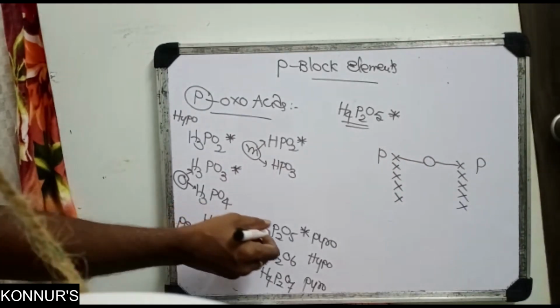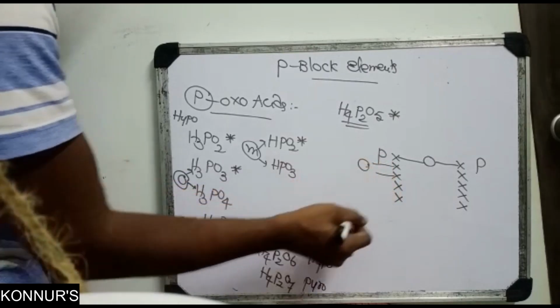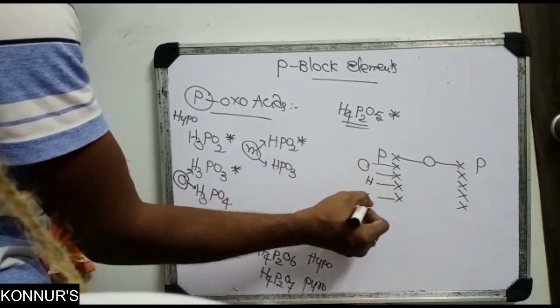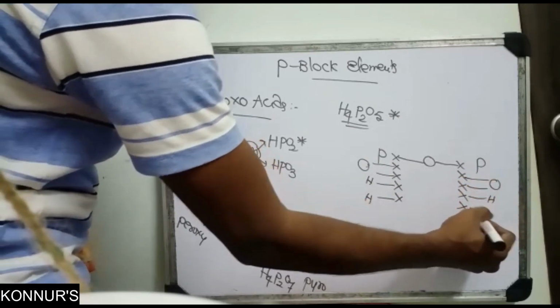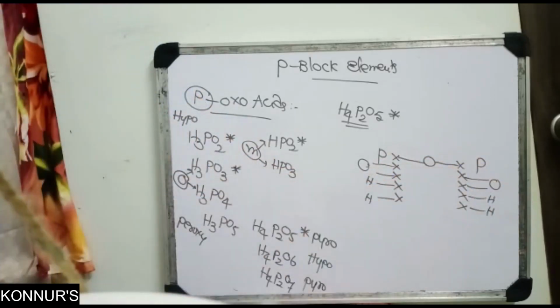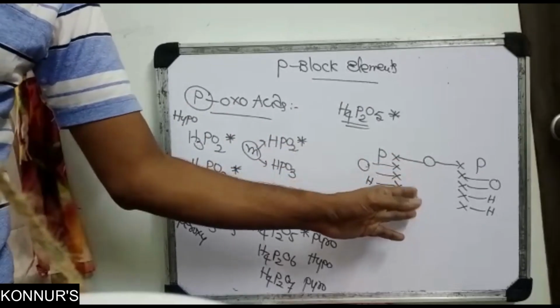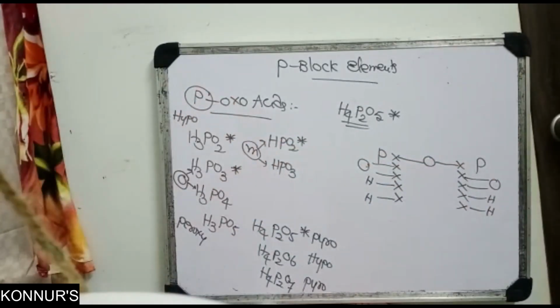Next it is ous acid. Ous acid means minimum one hydrogen directly connected to center. H4P2O5. So here it is a stable one. Another one is also unstable compound forming, so leave that one.